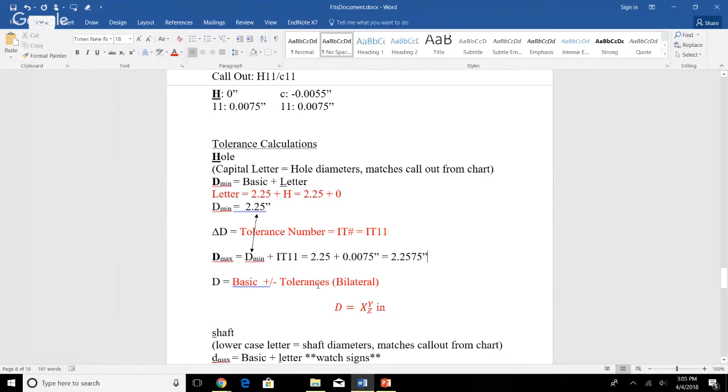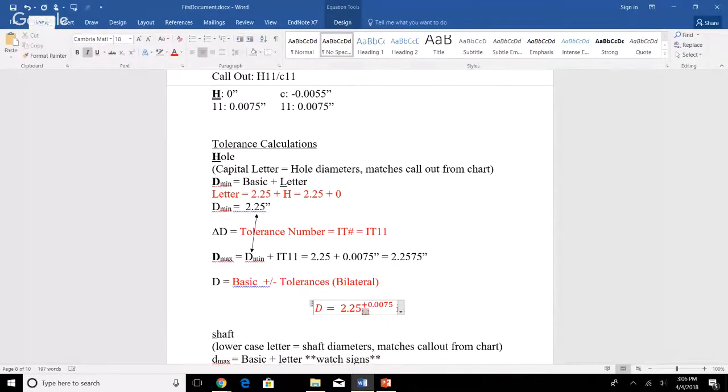And now we are ready to assign these correct dimensions. As we can see, we're given these in bilateral, which is basic plus or minus the tolerances. So our basic, which is 2.25, and that will be equal to our upper limit, which is going to be plus 0.0075 inches, and then our lower limit from our basic diameter, which is actually just plus or minus 0.